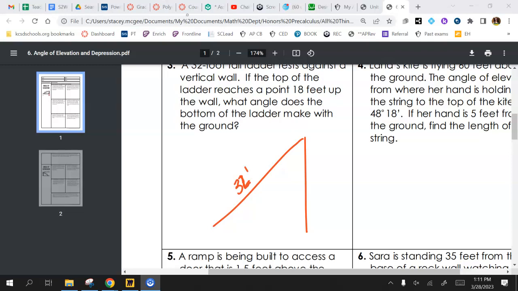If the top of the ladder reaches a point 18 feet up the wall, what angle does the bottom of the ladder make with the ground? Feet. That means feet. Sorry.